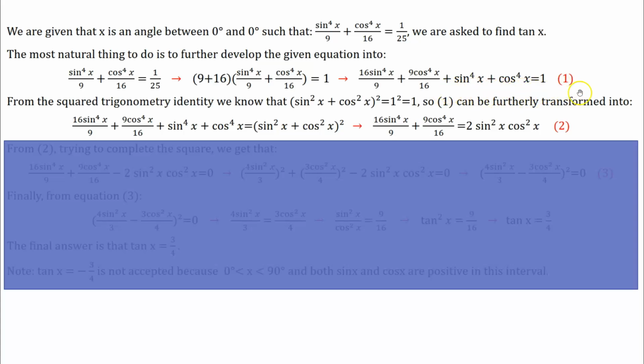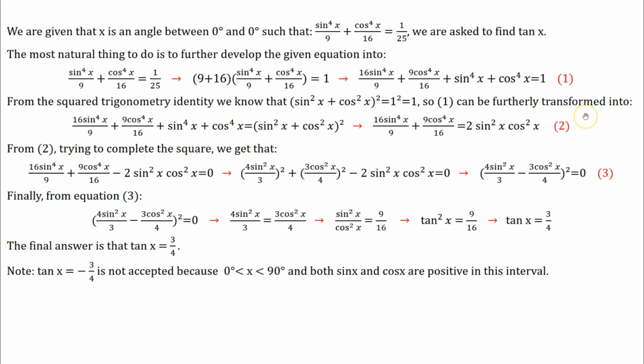So equation number 1 can be further transformed into this new form, where on the right hand side we express 1 as sine x squared plus cosine x squared, all squared. Now, by doing the simple calculations on both sides, we will be able to simplify sine x to the fourth plus cosine x to the fourth on both sides, and on the left hand side we will be left with this expression, and on the right hand side we will be left with 2 times sine of x squared times cosine x squared.